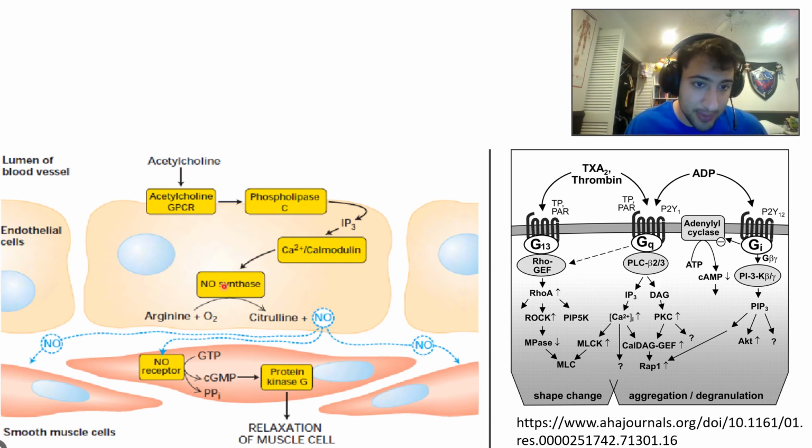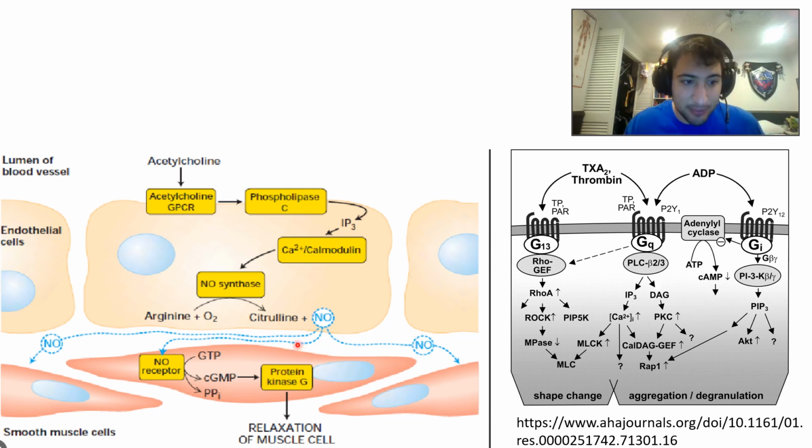Nitric oxide synthase is made in the endothelial cell by combining arginine, oxygen, and citrulline, and then it diffuses into the smooth muscle. All right? The nitric oxide made in the endothelium as a result of phospholipase C and GQ protein activity will diffuse into the smooth muscle.